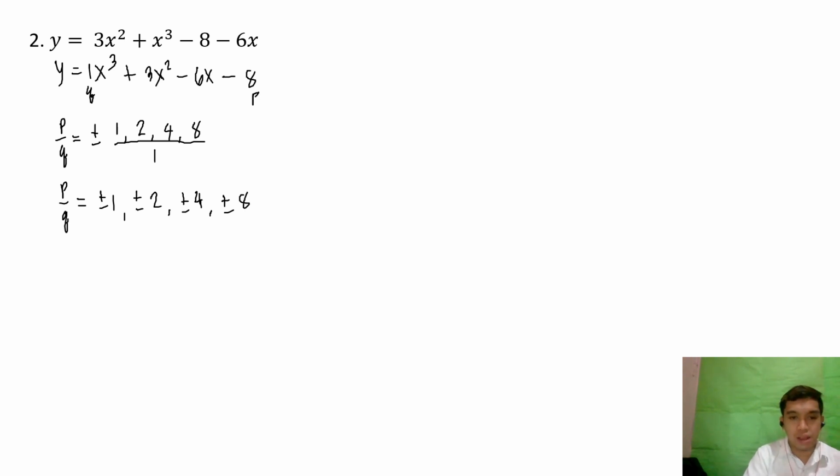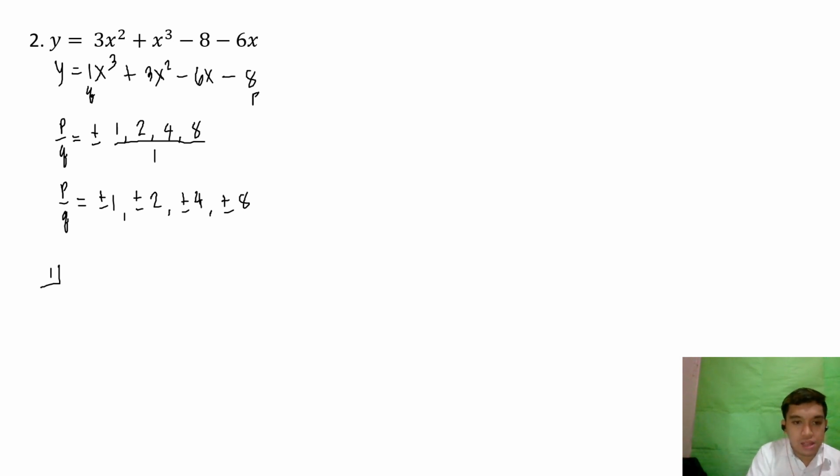So, ito yung ating mga possible roots. Okay, so, ito yung ating mga possible roots. So, pwede na natin itong gamitin para sa ating synthetic division, para makuha natin yung mga factors ng ating polynomial function. So, gamitin natin una yung 1, positive 1 tayo.